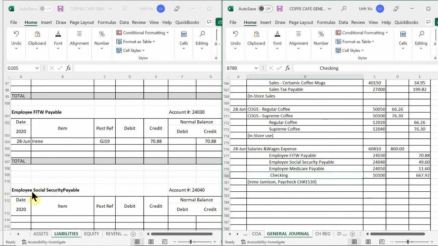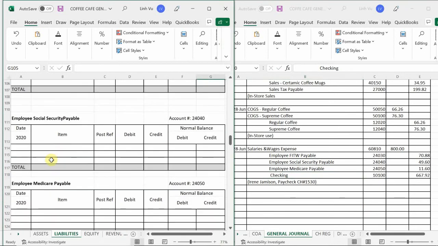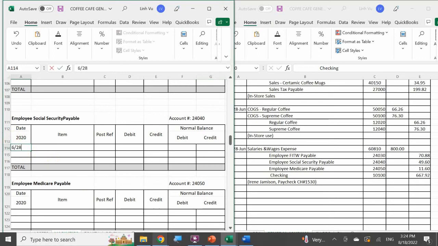Okay. All right, next one is employee Social Security payable. Here you go. It's the 28. All right, we know this is for Irene. Okay, 19 of June, or General Journal 19, for a total of $49.60.